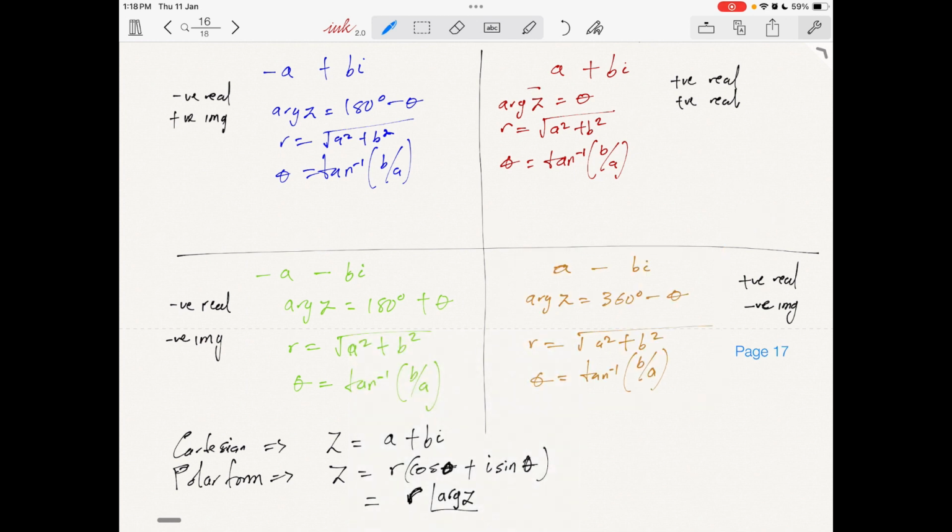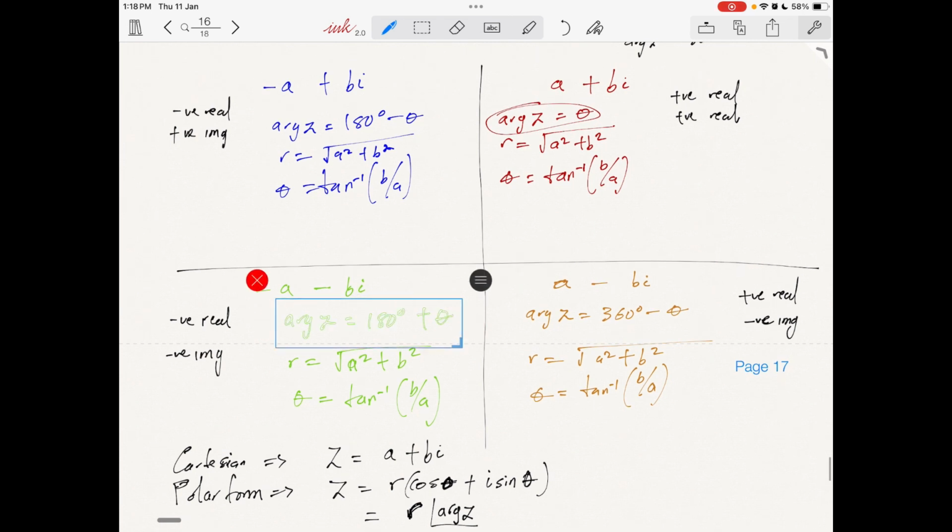And we saw how their arguments Z are changing, from theta to 180 minus theta, to 180 plus theta, to 360 minus theta, depending on the quadrants in which they are. So in our next video, we will take questions on how to convert from Cartesian form to polar form, and we will also convert from polar form to Cartesian form.